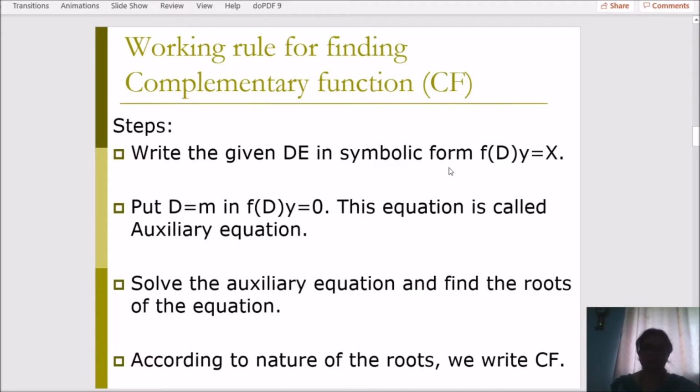Here first we write down the equation in symbolic form by substituting d by dx equal to D. Then D equal to m in f of D of y equal to 0. This we call the auxiliary equation, and then we solve this auxiliary equation, find out the roots of the equation, and last step is according to the nature of the roots we write down CF.